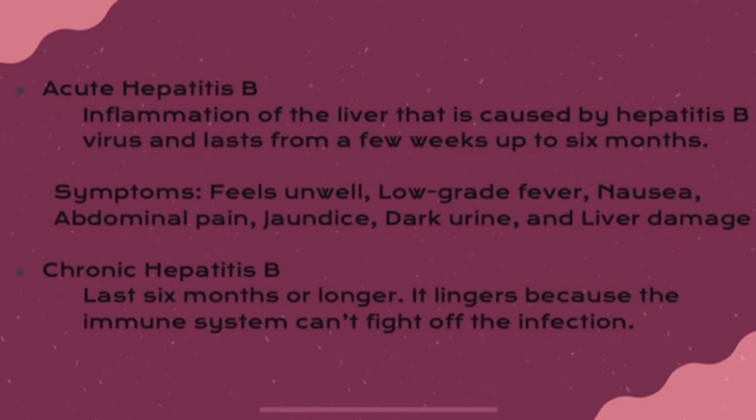Acute hepatitis B is inflammation of the liver caused by the hepatitis B virus that lasts from a few weeks up to 6 months. Symptoms: feels unwell, often suffers from low-grade fever, nausea, abdominal pain.